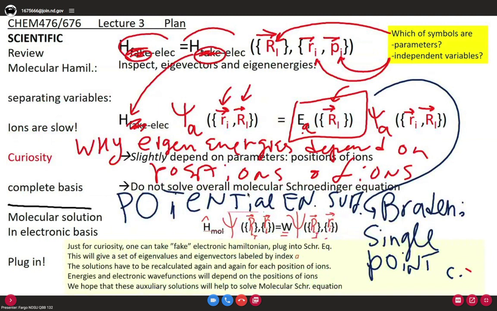The wave function includes independent variables, lowercase r, and parametric variables, uppercase R. The energy, see, doesn't depend on lowercase r, it depends only on uppercase R, because for each value of nuclear positions, for each step, we resolve this wave function.